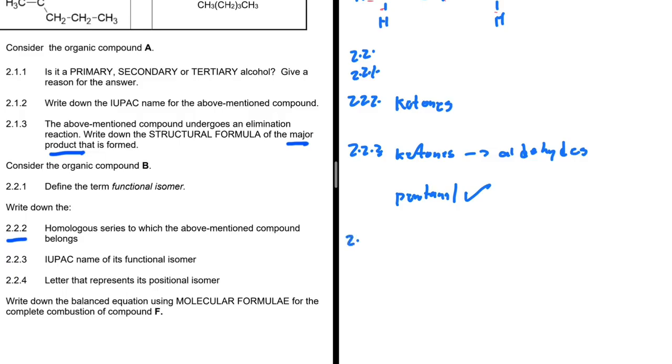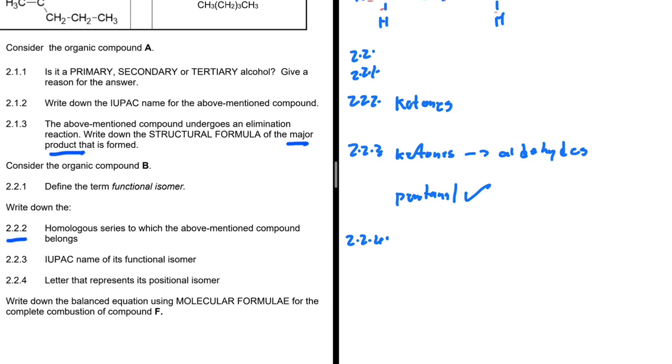What about 2.2.4? Letter that represents its positional isomer. So we are dealing with pentan-3-one. The positional isomer is pentan-2-one. It has only one positional isomer.